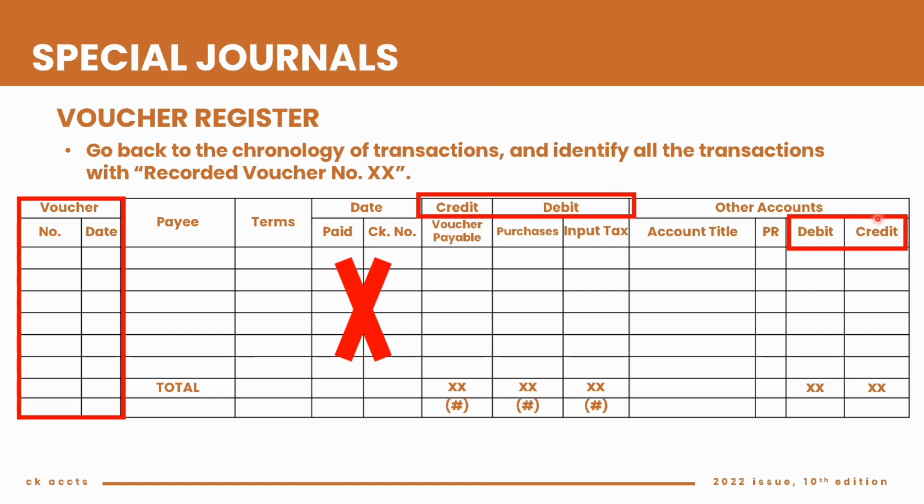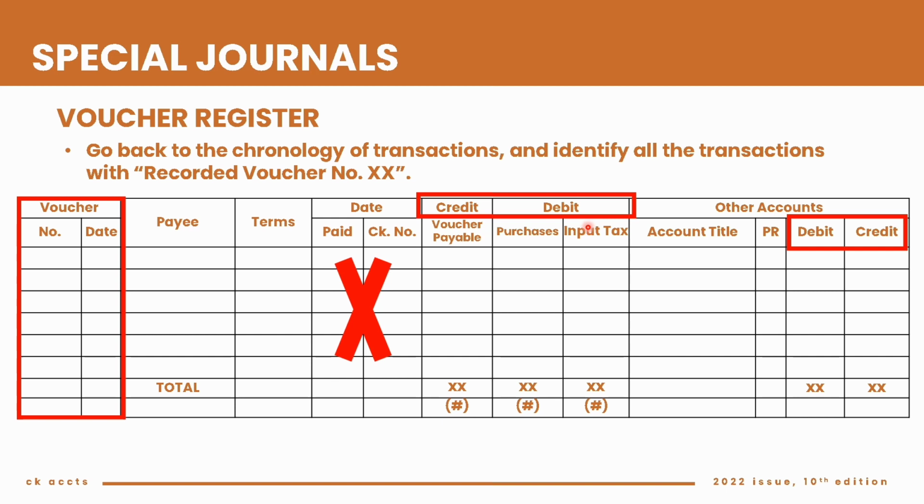Then, dito, makikita nyo din na we have columns for debit and credit dito sa part na to, and dito din sa other accounts column. So, bakit may magkahiwalay na debit credit dito sa ating voucher register? Dito kasi sa una, itong credit debit na nandito, yung credit natin dito ay specifically for the voucher payable. Okay, for the voucher payable column.